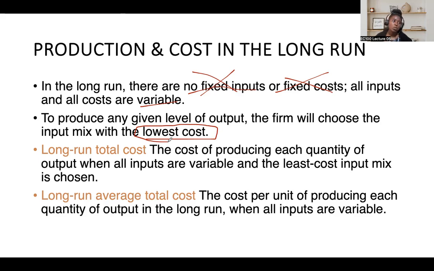If I use 2 tractors, 1 acre of land, and 3 farmers, I get 2,000 kilograms. If I use 10 farmers, no tractor, but 1 acre of land, I get the same amount. If I increase to 3 acres of land, 3 farmers, and 1 tractor, I still get 2,000 kilograms.